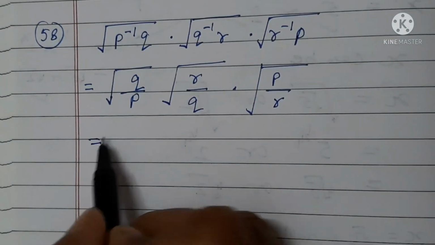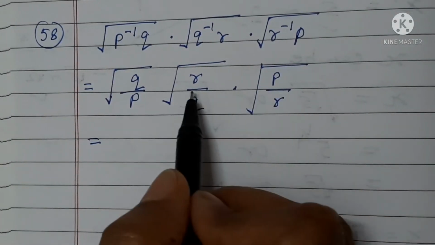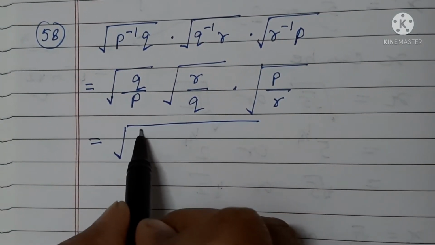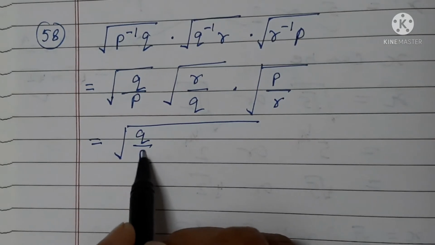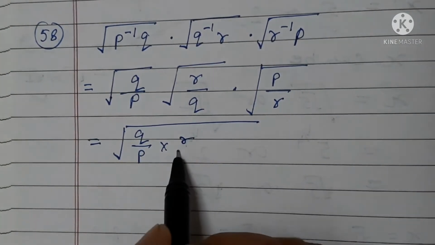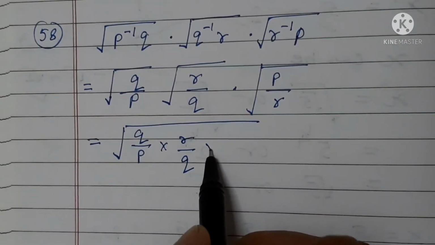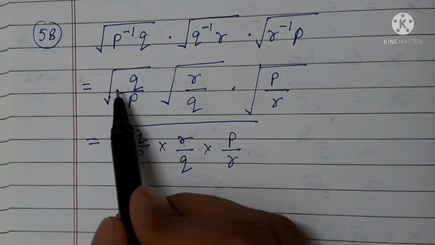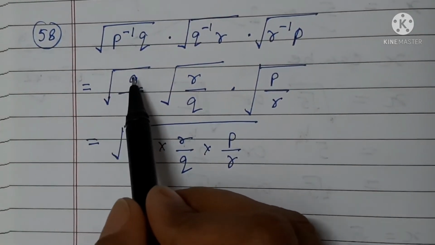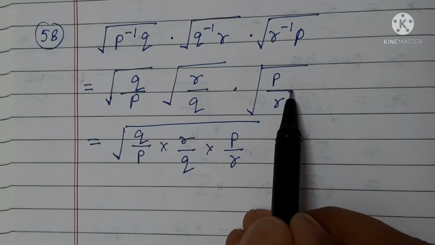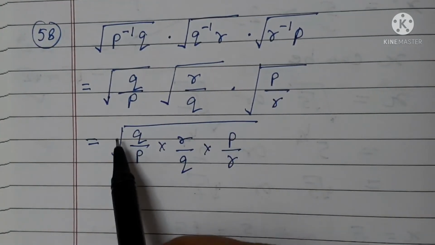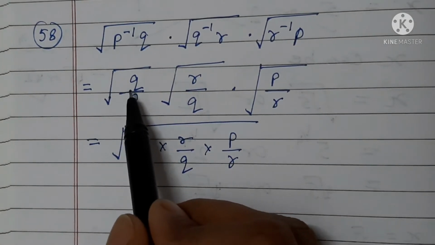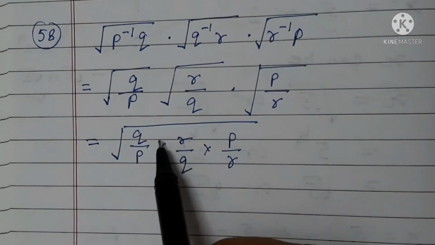Here these are in product, so you can write it combined like this, q upon p into r upon q into p upon r. Because same powers and different base, so you can write it combinedly, all having 1 upon 2 powers.